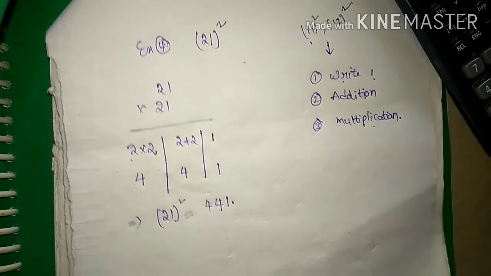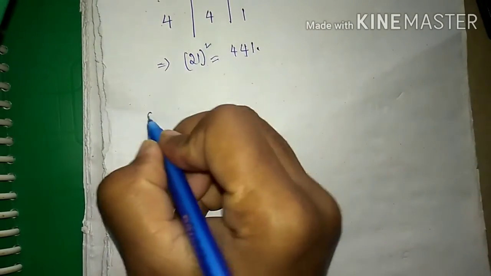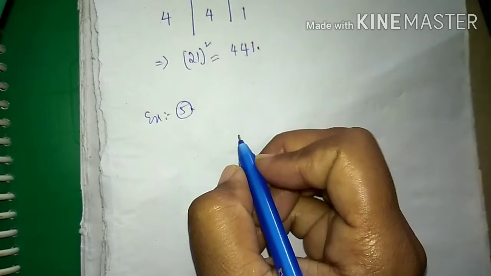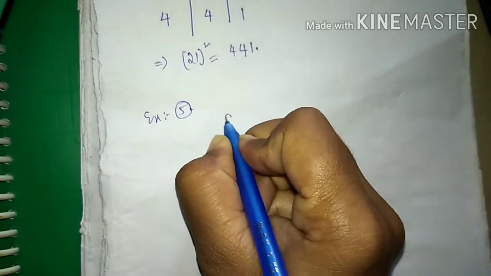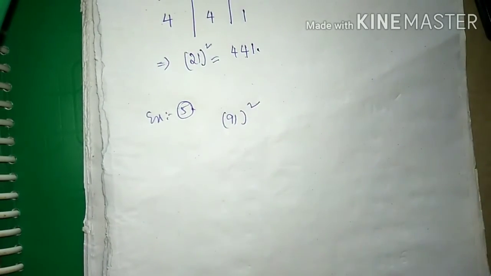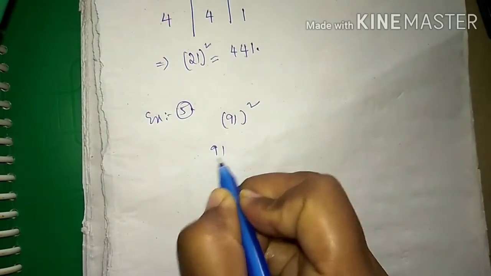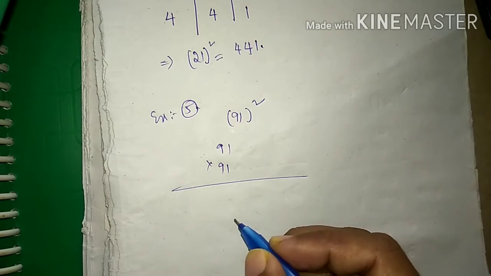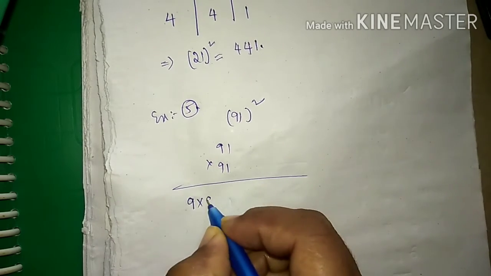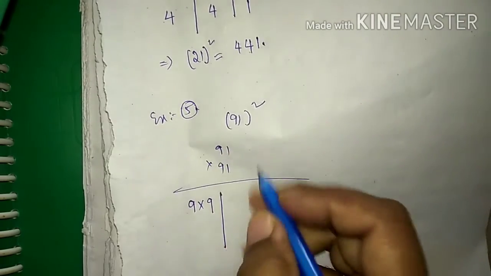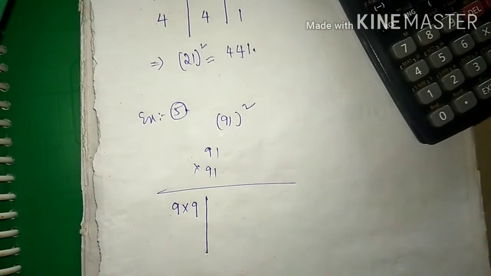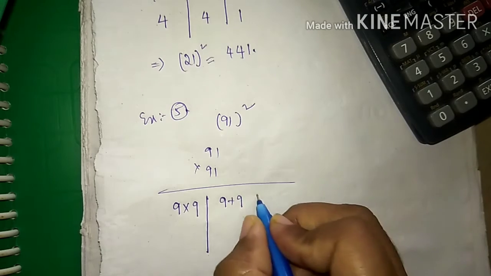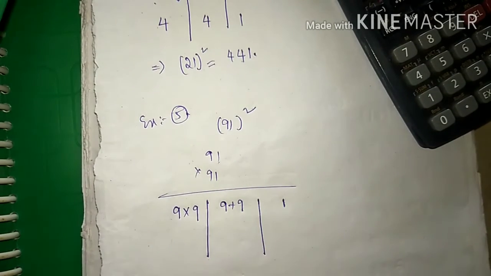Okay guys, hope you understand. And let me take example number 5, and let me take a large number which is 91 whole square. Okay, so 91 into 91. For the first step we have to do 9 into 9 multiplication, in the second step 9 plus 9 which is addition, and in the third step we have to write 1.